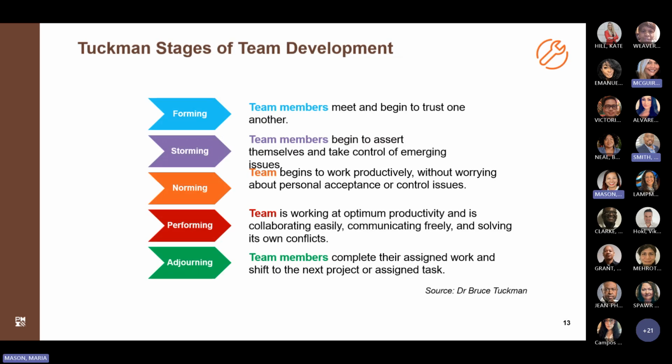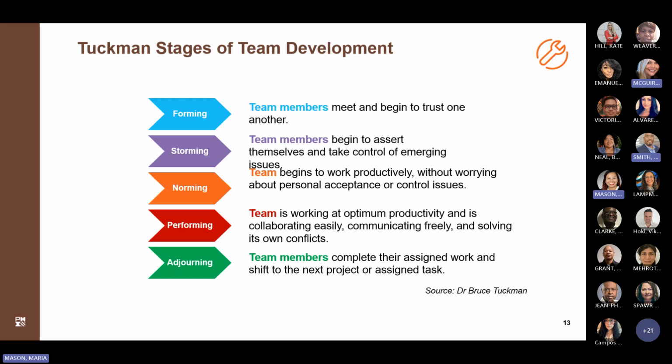So you guys should have already talked about Tuckman's ladder, all of the different stages of a team when they come together: forming, storming, norming, performing, and adjourning. Forming is when team members meet and begin to trust one another. It's very early on. Storming is when the team members begin to assert themselves and take control of emerging issues.